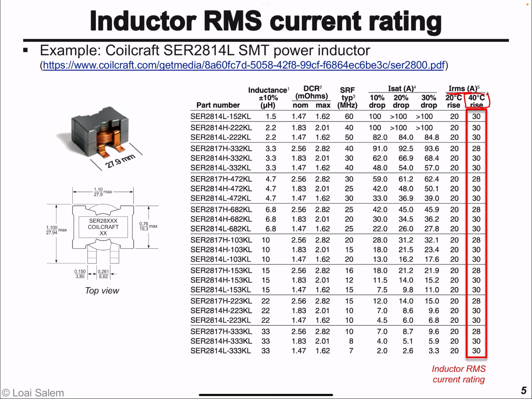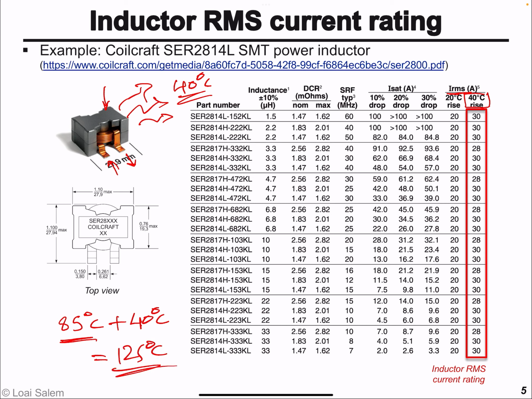The whole idea is that component manufacturers typically assume that the nominal operating temperature of the converter is around 85 degrees C. Then if the RMS current flowing into the inductor causes heat, due to its equivalent series resistance, that leads to a 40 degrees C temperature rise of its surface temperature, this leads to 125 degrees C, which is the maximum temperature a power converter can operate reliably, at least at the commercial level.